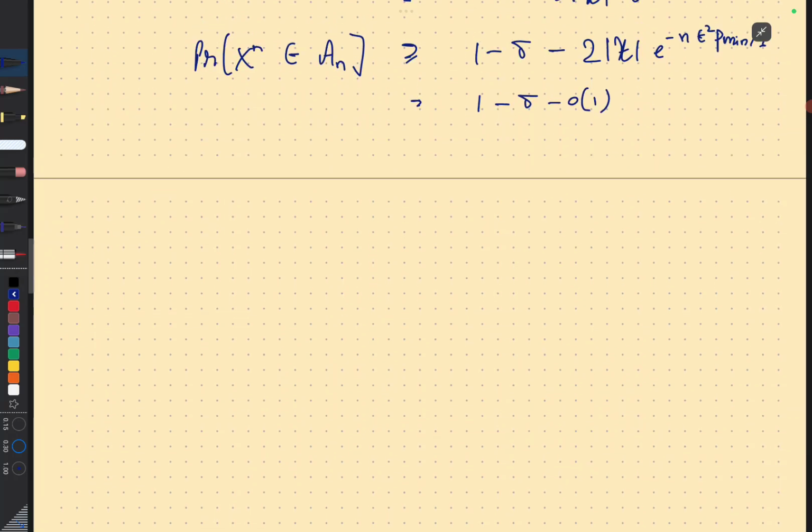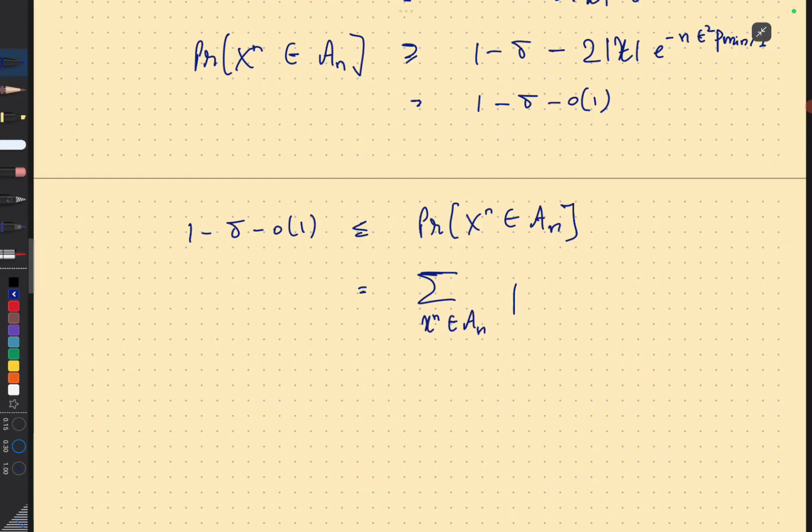The probability that Xn is in A_n: 1 minus delta minus little o of 1 is less than or equal to the probability that Xn is in A_n, which is the summation over all sequences xn in A_n of P_Xn of xn.